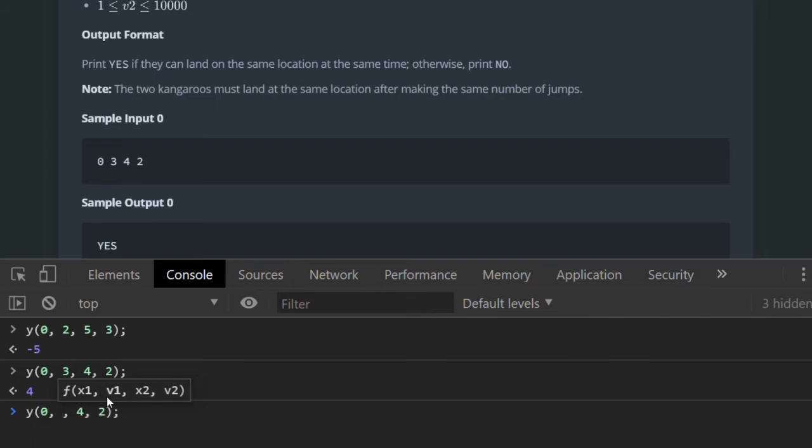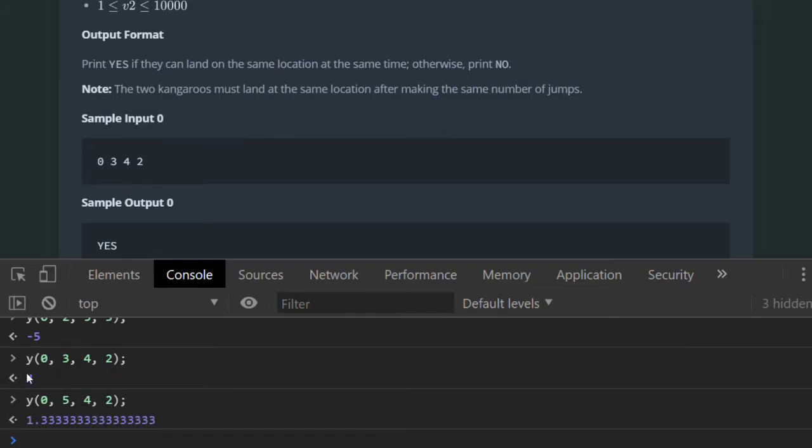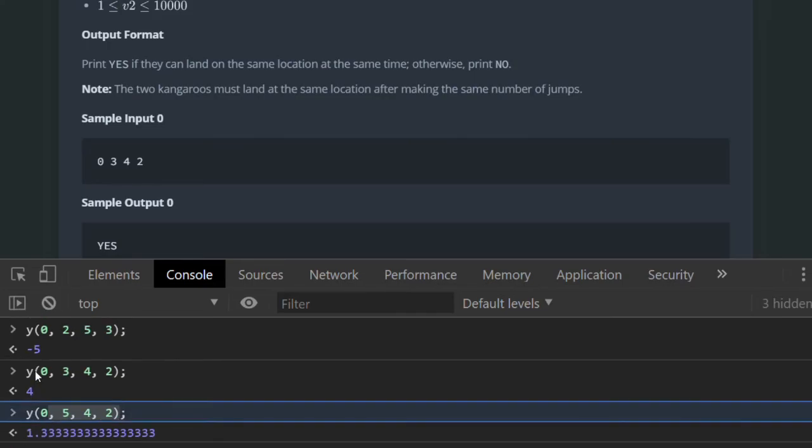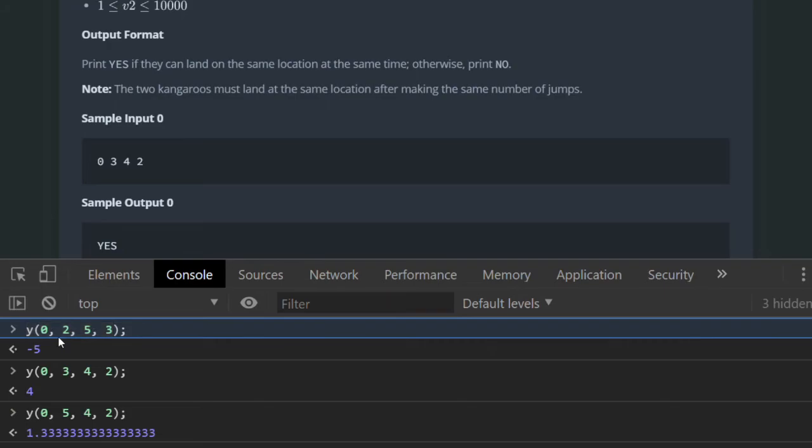I want to have a value with fractions. I think 5. Yes. So what does this even tell us? In the first example, where v1 is less than v2, we won't even need to call this function, so this will just return no.